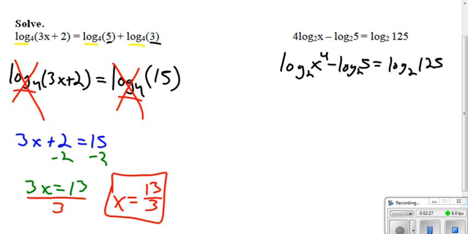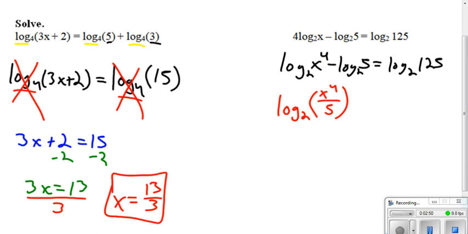Now, at this point, we still have 3 things. So it's not 1 on one side and 1 on the other. So we can't simplify everything quite yet. So we would have to bring it down a little more and say log base 2 of x to the 4th over 5, because we have this subtraction in there.